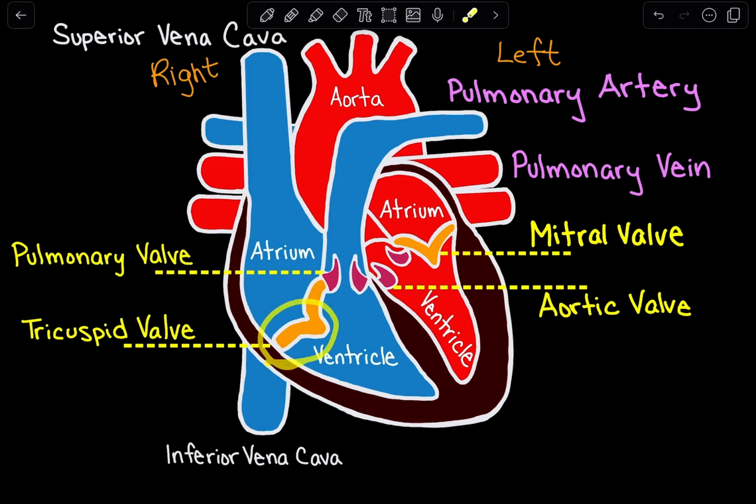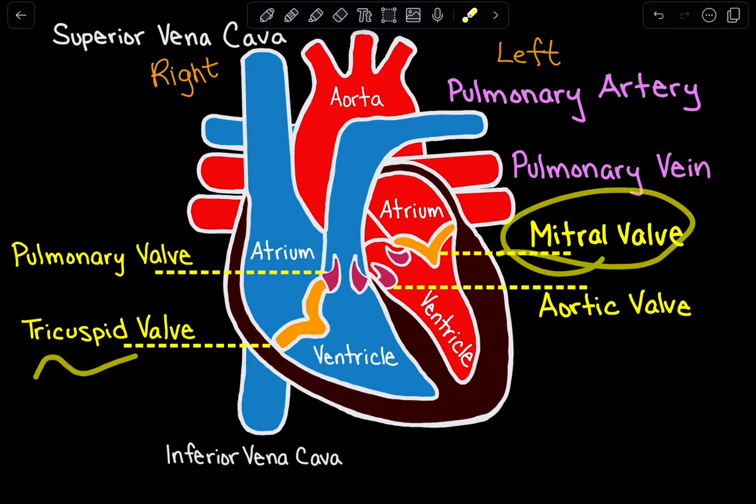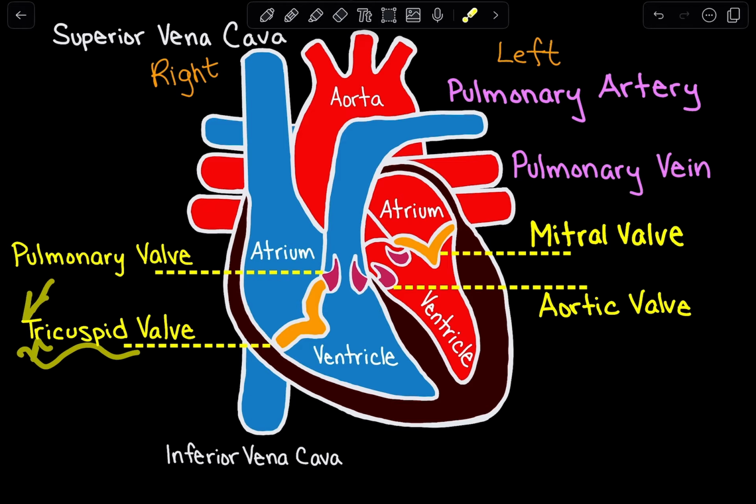It's really important to remember that this first valve, which connects the atrium to the ventricle, is the tricuspid, because on the left-hand side, the mitral valve is also called the bicuspid. So we have a tricuspid and a bicuspid. The way we can remember where they are is that tricuspid is on the right side. It has that R, R for right. So tricuspid is on the right side.